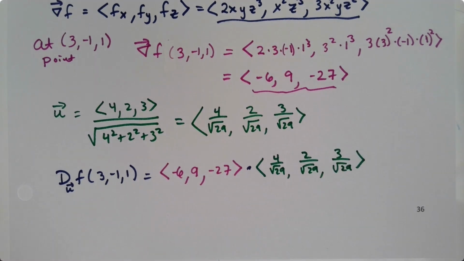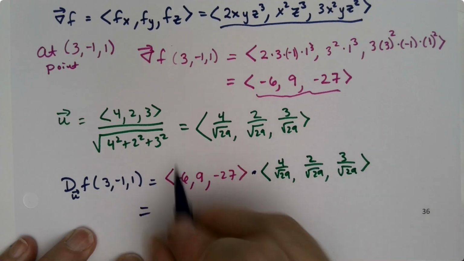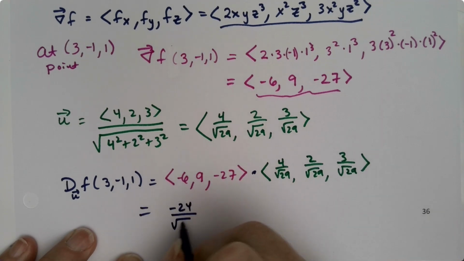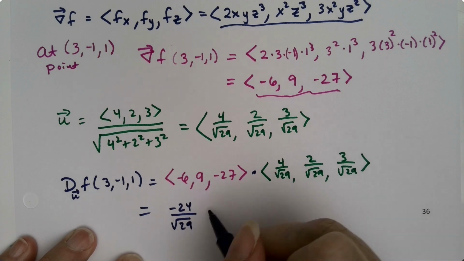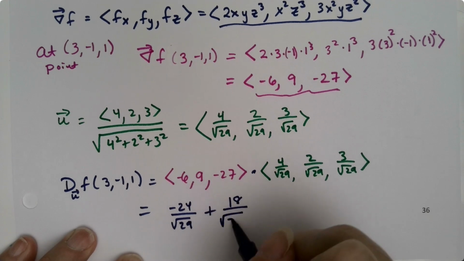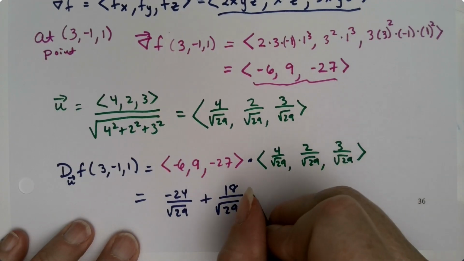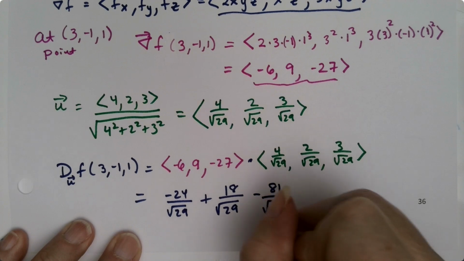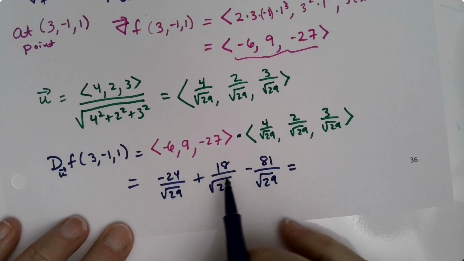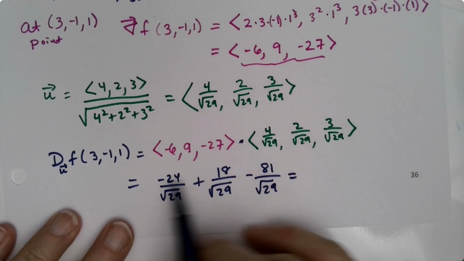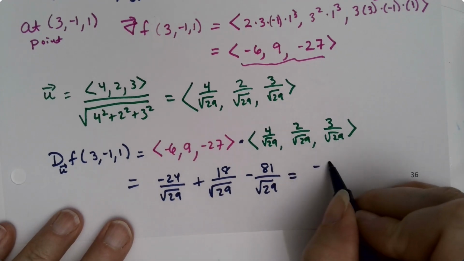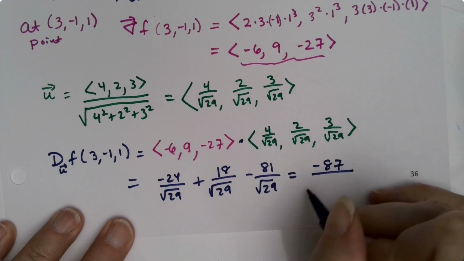All right, so negative 6 times 4 is negative 24 over the square root of 29, plus 18 over the square root of 29, and then 27 times 3 is 81, so minus 81 over the square root of 29. And putting these three together, they almost cancel each other out. We're just left with 6, so it's minus 87 over the square root of 29.